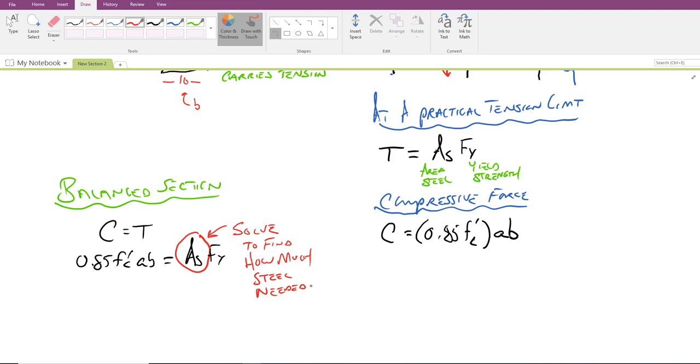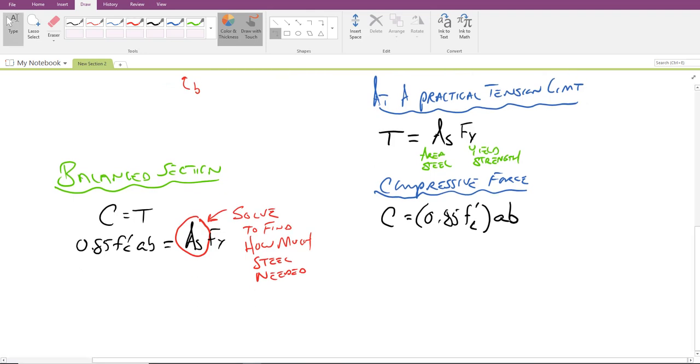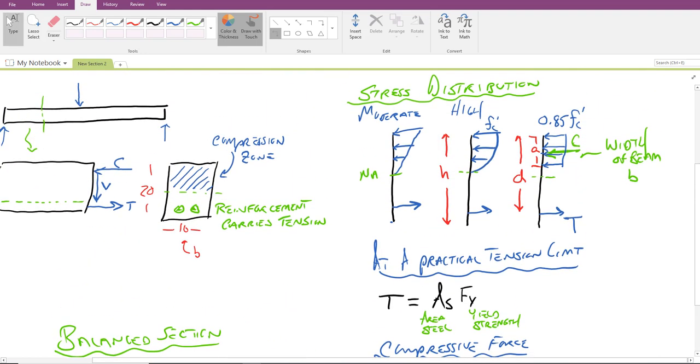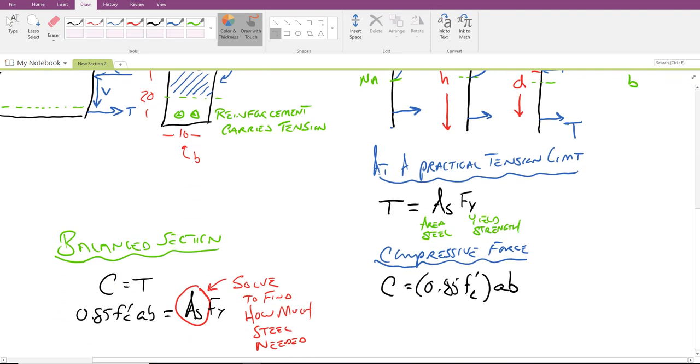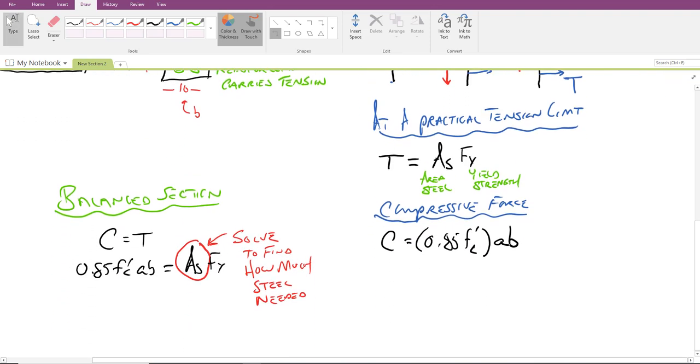In other words, we actually can use less reinforcement than required for a balanced moment. Now we have to adjust where it remains in the profile. That's essentially the D value. And that also changes our compression block a little bit. But by using a slightly lesser amount of steel, we're able to save money.